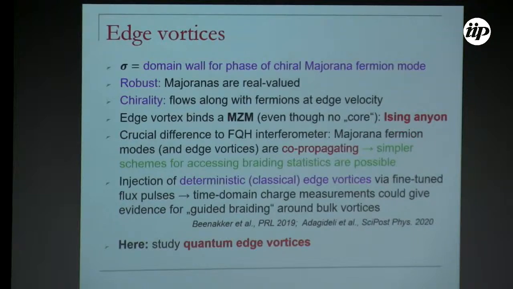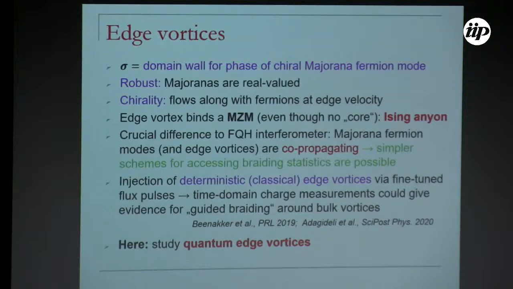So these edge vortices, even physically, they should have no core because of this property that the Majoranas are real valued. So it just inserts the sign -1, +1. And so that basically doesn't allow you to have other bound states at this vortex core. That's the big advantage of this proposal.